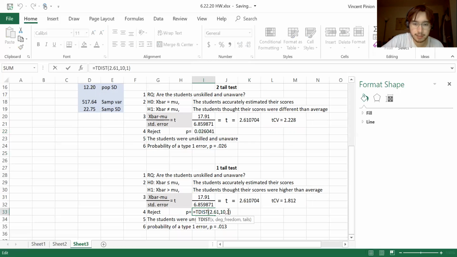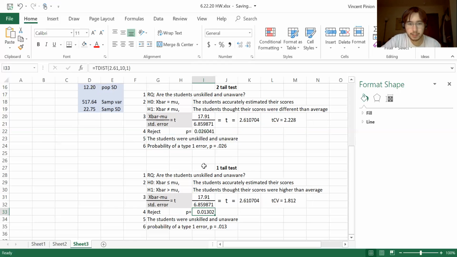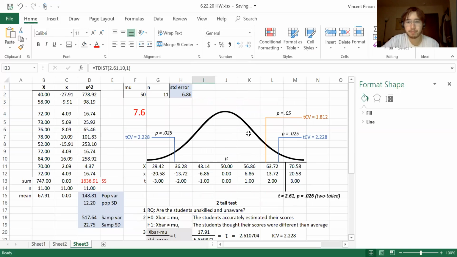For the one-tail test, just put a 1 there in the end instead. And that is half. So yeah, the two-tailed test doubles the probability because we're testing both ends.